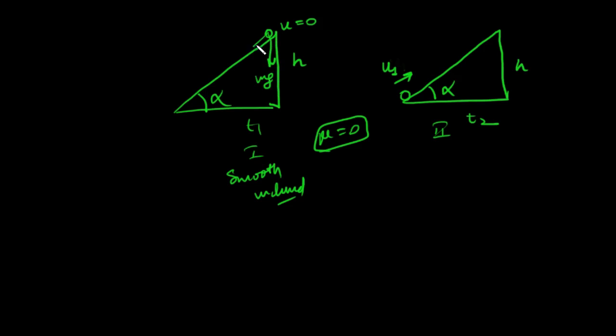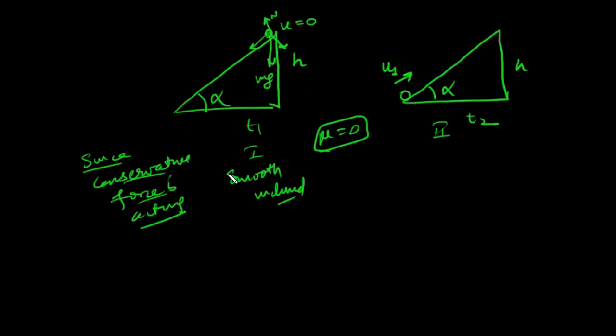And one component of gravity would be balanced by the normal of the inclined plane and the other would take the body downwards. Alright, so this means since a conservative force is acting, hence there is energy conservation in this problem, okay? This means in this situation energy is conserved.